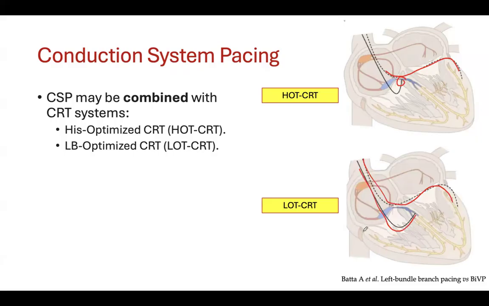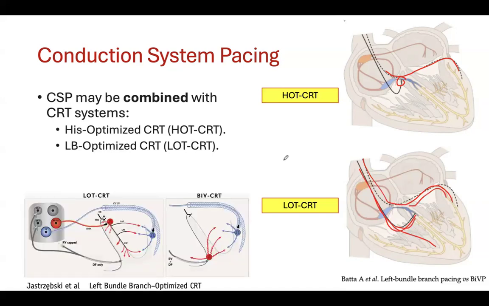So these are newer forms of CRT. Instead of applying the second lead into the RV apex, a left bundle lead plus a CS epicardial lead is probably even better. Okay. So there are different combinations now, with recent advancements, a couple more options that we can try for our patients.